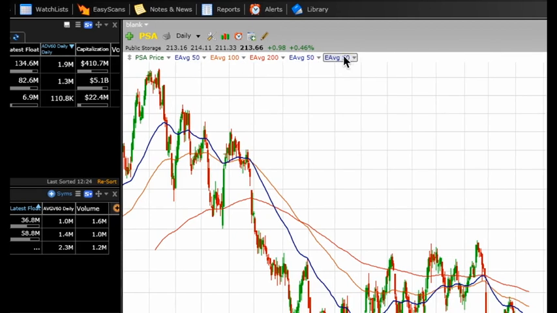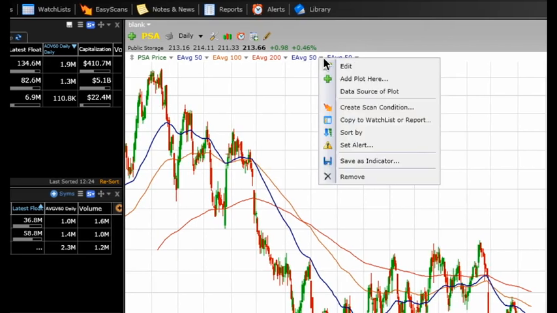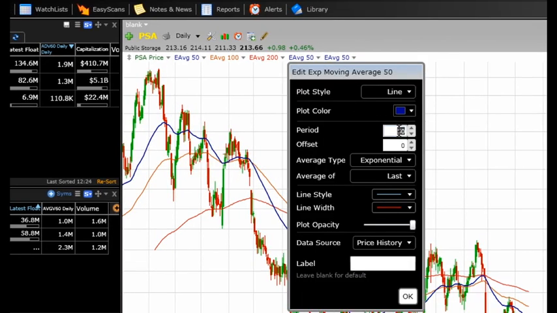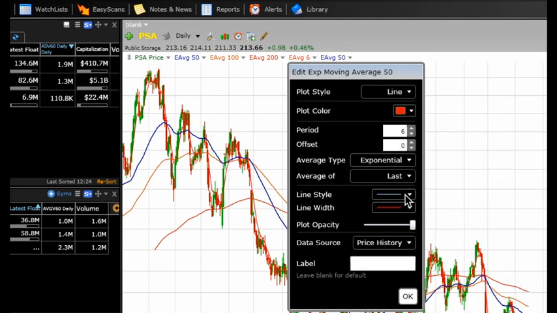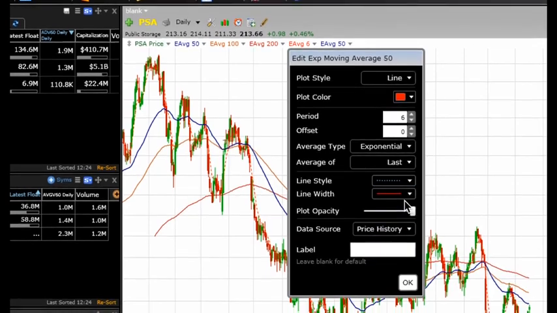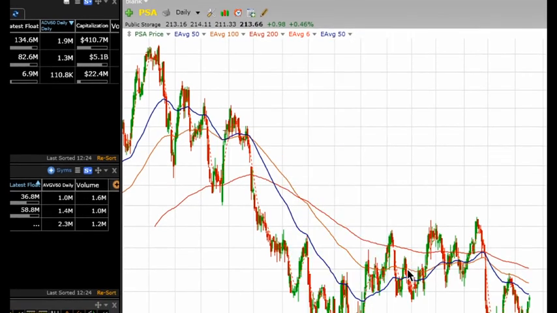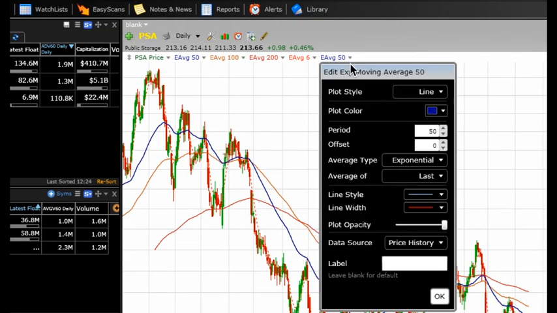Now I'm going to put my 6 and 18. This is for my crossover signal, right? So I'm going to edit it to 6 EMA. Red dotted line. And 18 would be my blue dotted line.